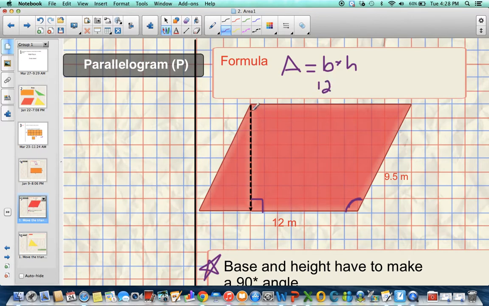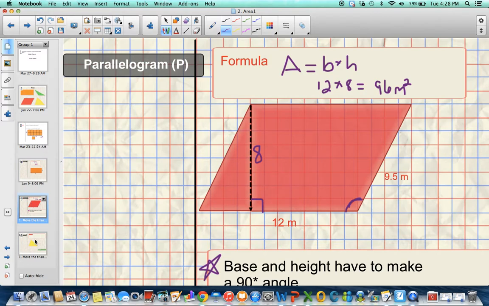Now my height, I'm going to have to count it. 1, 2, 3, 4, 5, 6, 7, 8. My height is 8. So I would times by 8, which will give me 96. And in this case, I have meters squared. So you need to always remember, if I don't have a 90-degree angle, I don't have a base and a height.